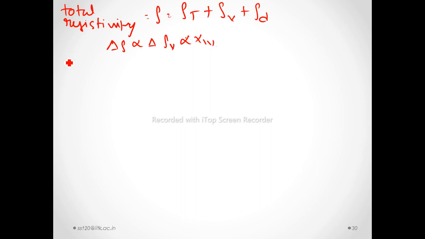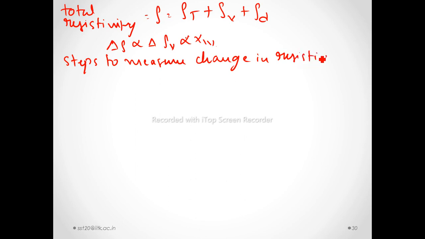So there are steps to measure the change in resistivity. First step is to measure rho naught at T naught.